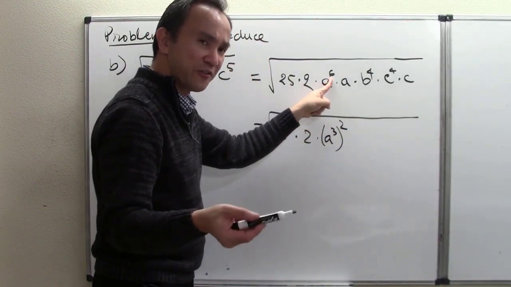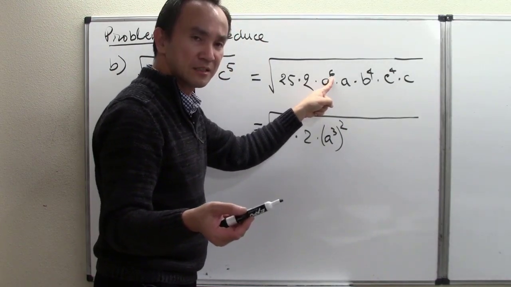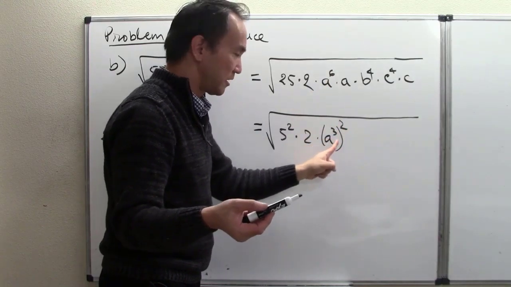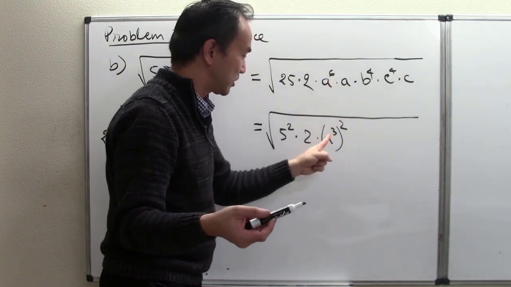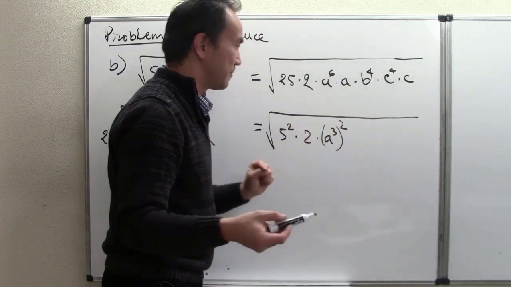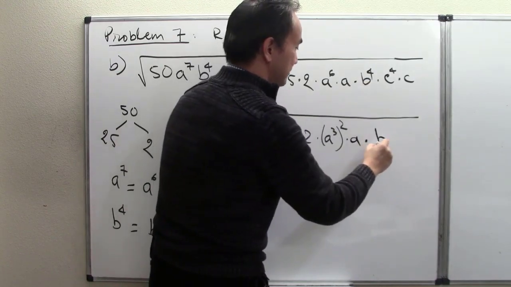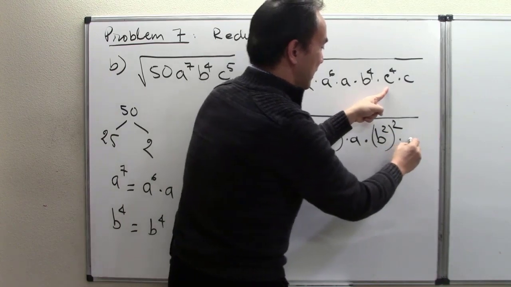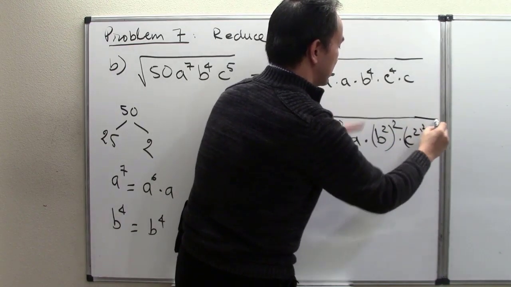We intentionally found that largest multiple of 2, because once we recognize the multiple of 2 power, we write that as a square of a power. It's multiple 3 of the power 2, that's why I wrote it as a cubed squared, and I'm timesing a. This one here I see as b squared, and this one here as c squared, multiplied with the last c.